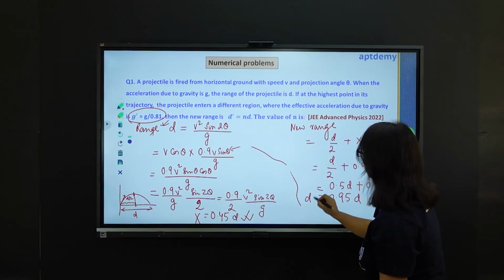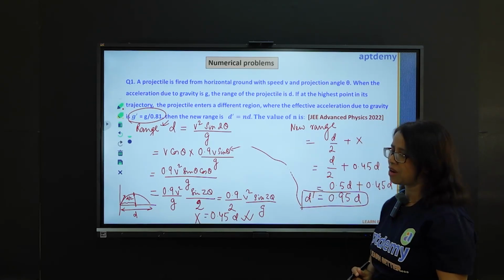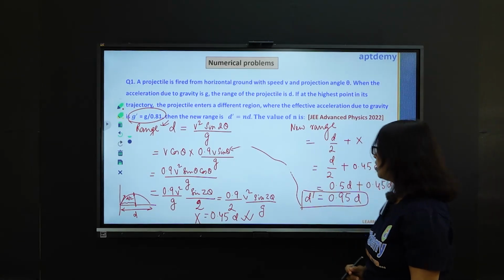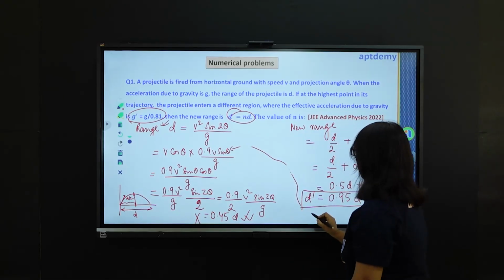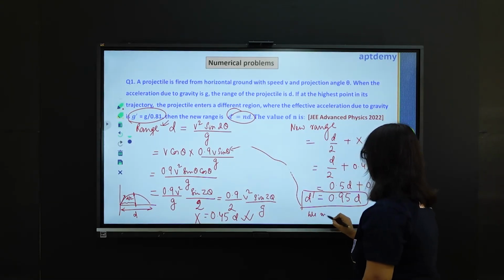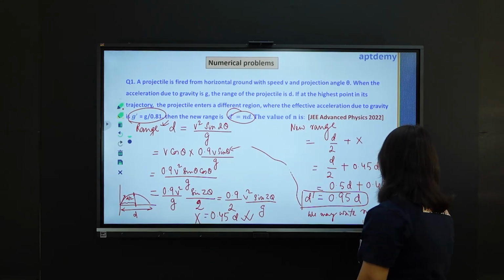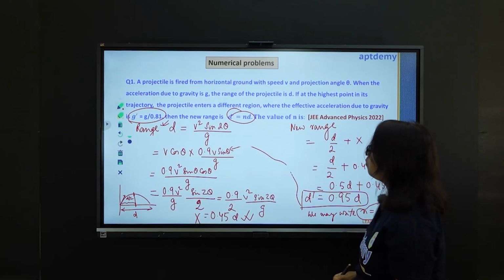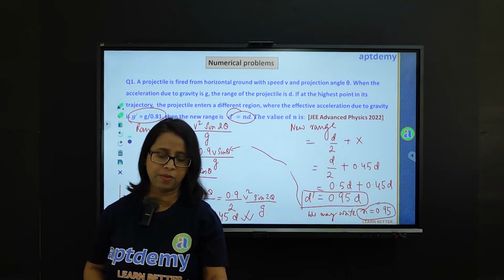So we see that the new range d dash becomes equal to 0.95 times d. So comparing this with this particular relation, we may write that n is nothing but equal to 0.95. So wonderful problem. Now let's have a look at the next problem.